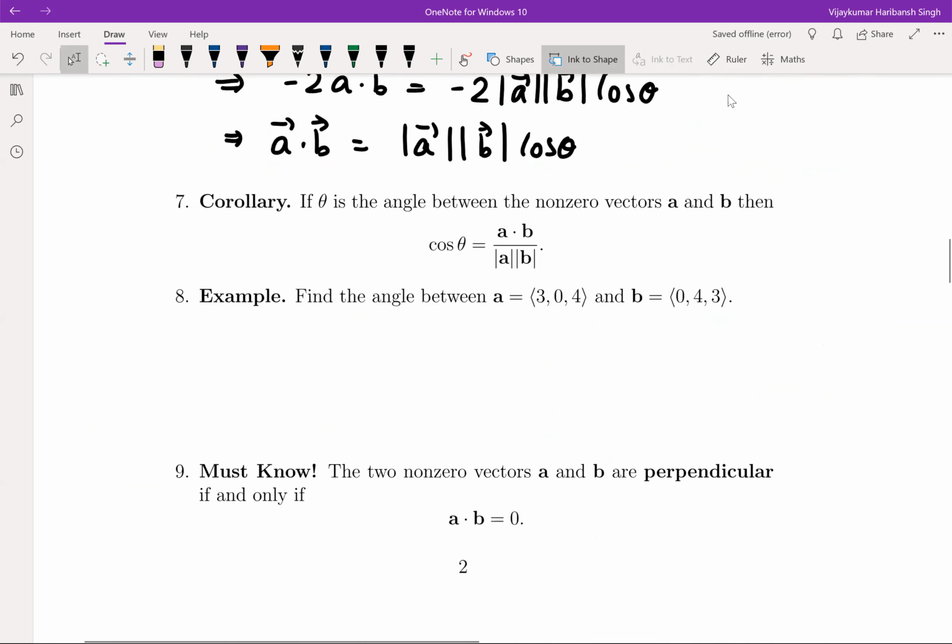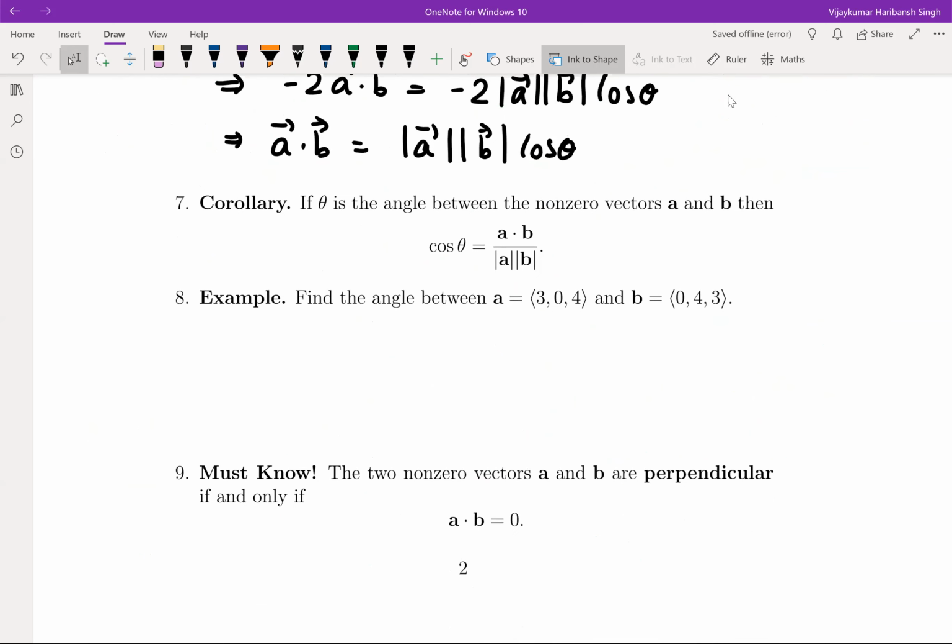Very cool. Now let's use this to find the angle between vector A and vector B, which are given here.